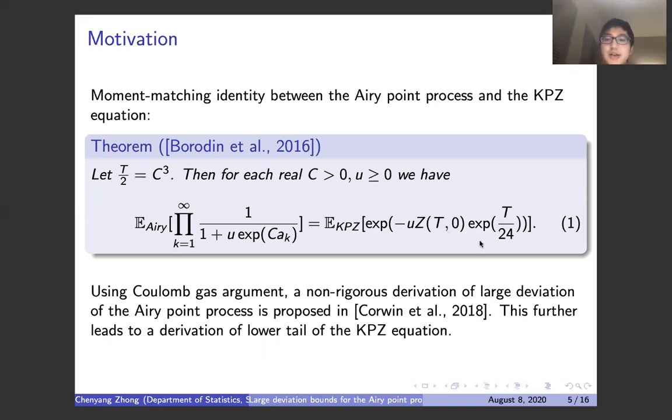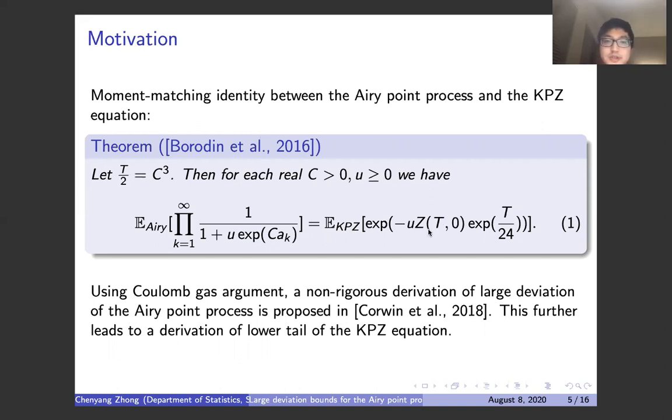A non-rigorous derivation of large deviation of the Airy point process is proposed in Corwin et al. using a Coulomb-gas argument. The argument is based on rescaling the LDP rate function of the empirical measure of GUE near the spectral edge too.